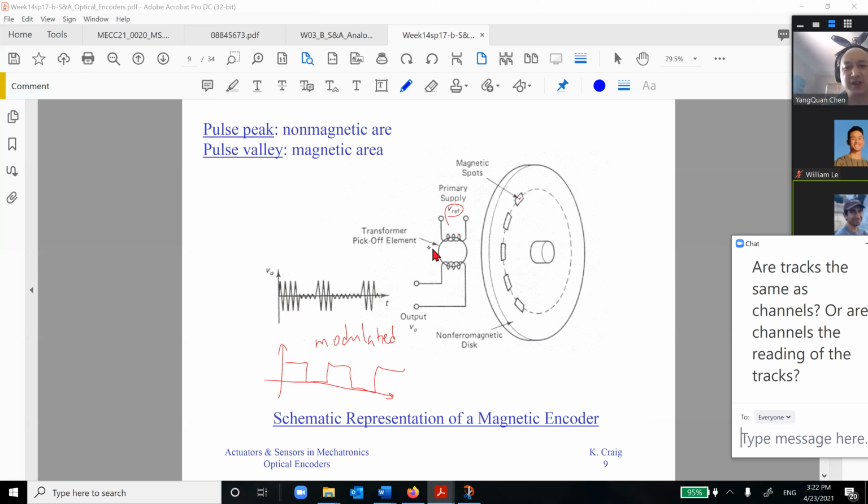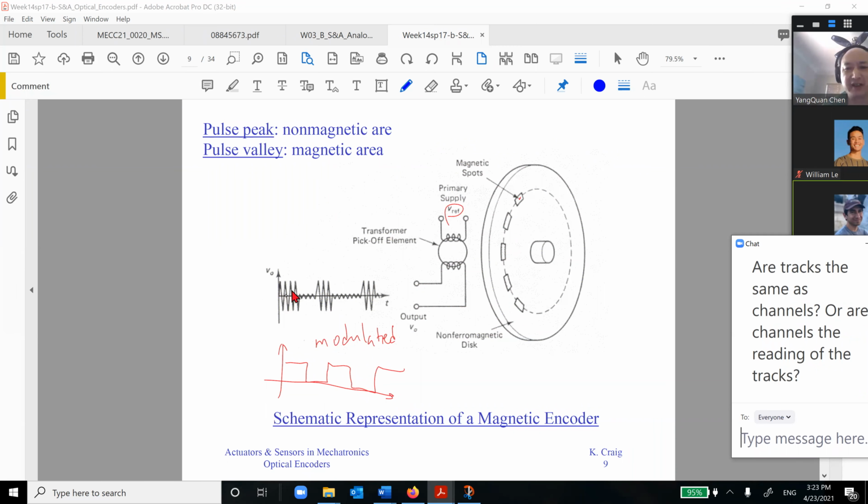This is a transformer pickup element. If you have a rotating disk, then the magnetic reluctance we experience will be different, because the media is different between the magnetic area and the non-magnetic area. So this is also a pulse.